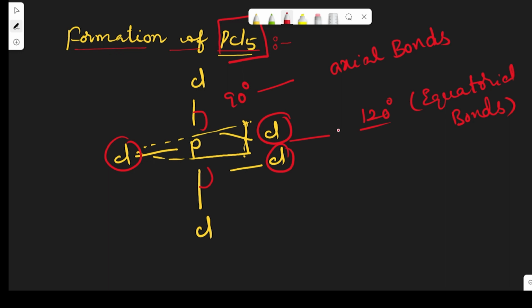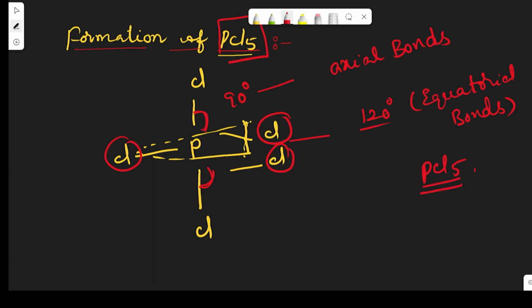Now we have to remember one more point. The two axial bonds suffer more repulsive interaction from the equatorial bond pairs. Therefore the axial bonds are found to be slightly longer and hence slightly weaker than equatorial bonds. Because of the equatorial bonds, the axial bonds face some repulsive force. That is why the PCl5 molecule is more reactive.